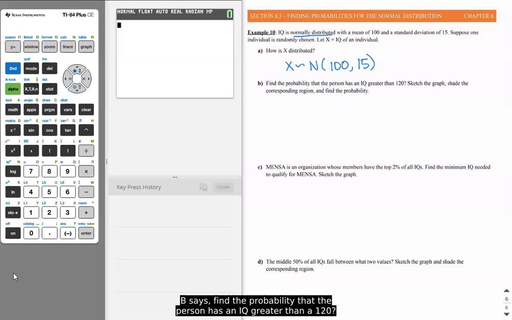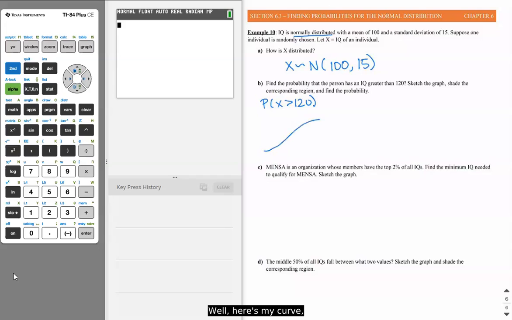So B says, find the probability that the person has an IQ greater than 120. So probability that x is greater than 120. Sketch the graph, shade the corresponding region, and find the probability. Well, if I shade my curve, here's my curve.